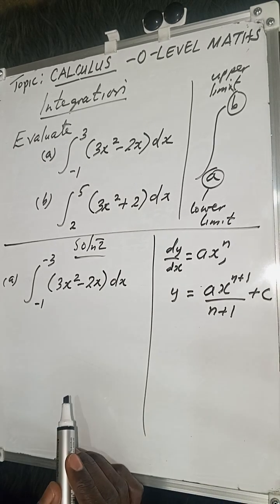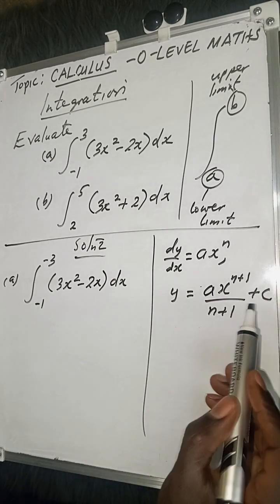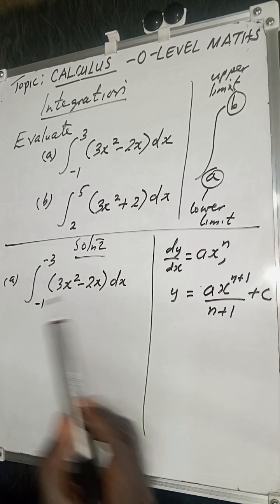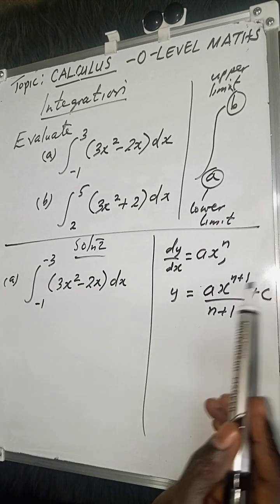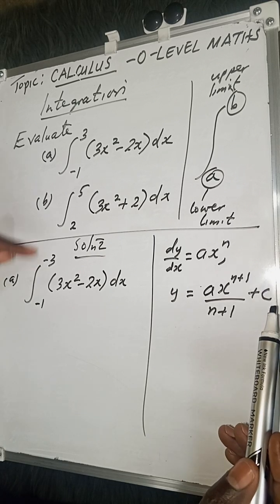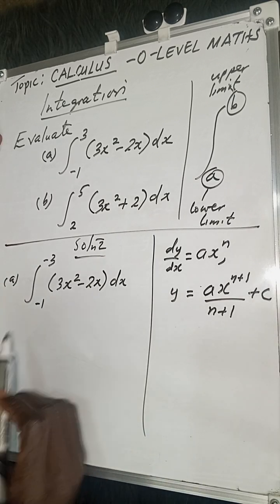But remember, you can put up the arbitrary constant. But in this case, when they give you the upper and the lower limit, there's no need of you putting up the arbitrary constant. You only put up that constant when they have not given you the limits. So that's what we are going to do.